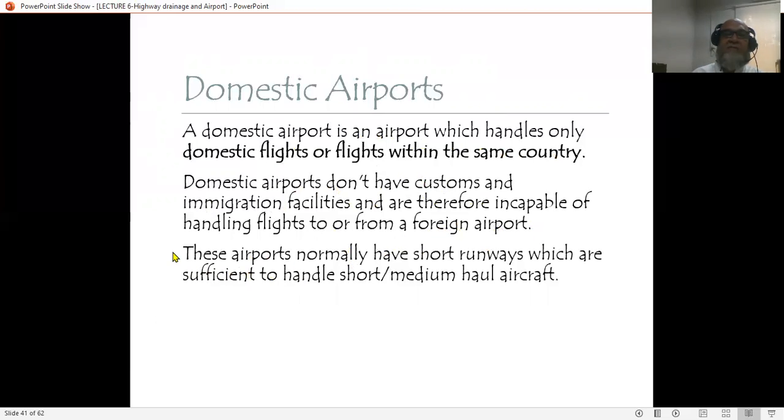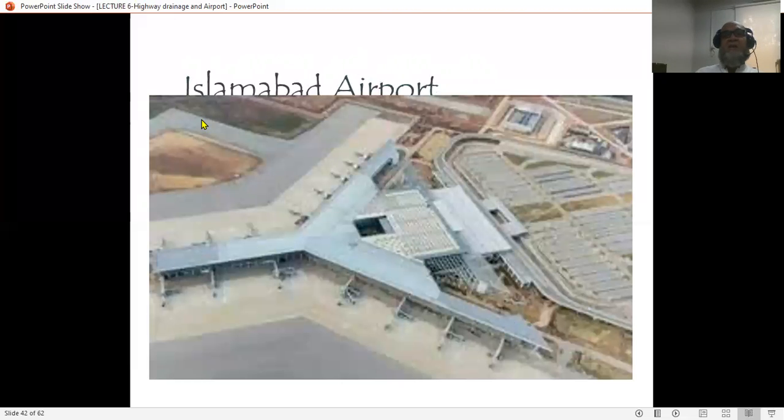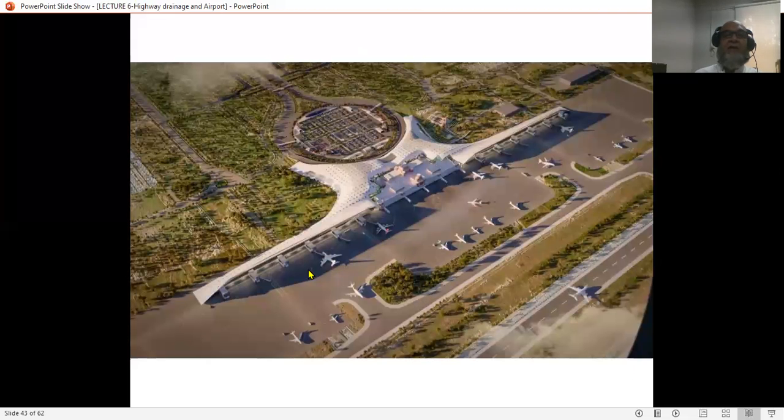Most of the time, the national flag carrier is the one that has domestic responsibility. These airports normally have short runways which are sufficient for short or medium aircraft. Sorry about this mismatch. Islamabad is an international airport, but just a second, just the shape of an airplane. This is Sialkot.